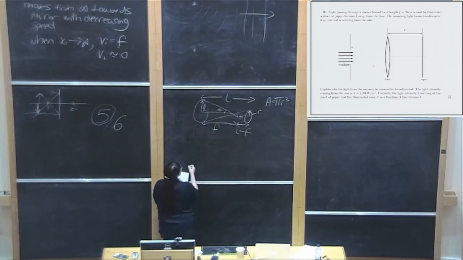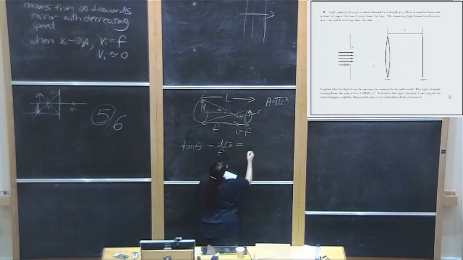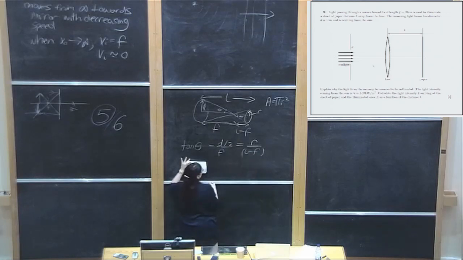Okay, so first thing we're going to work out is what is this area? Again, it's a similar triangles kind of question. So I know that that is also equal to that.